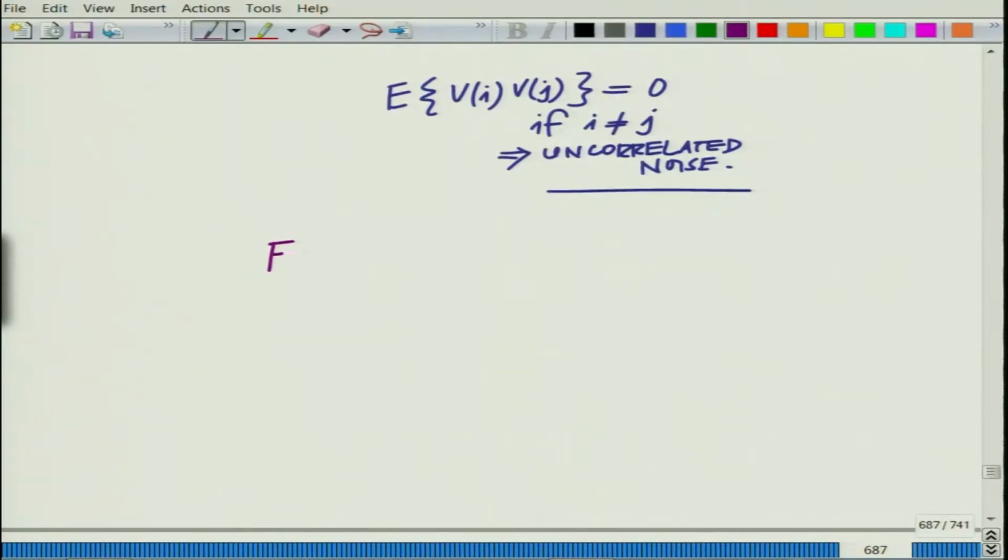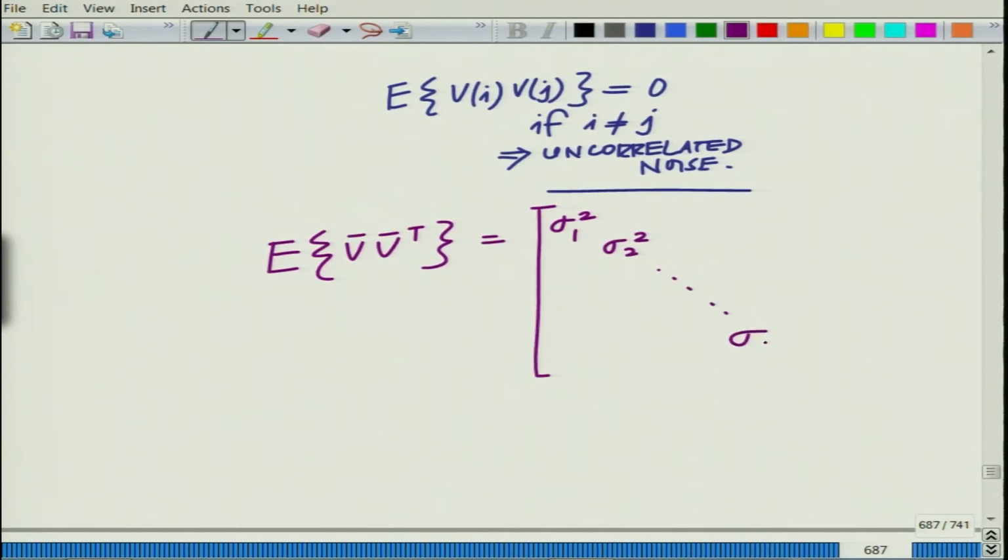In any case, now if you look at the covariance matrix of this noise, which has the ith element with variance sigma i square, this is going to be a diagonal matrix with the elements sigma 1 square, sigma 2 square, so on, sigma m square.